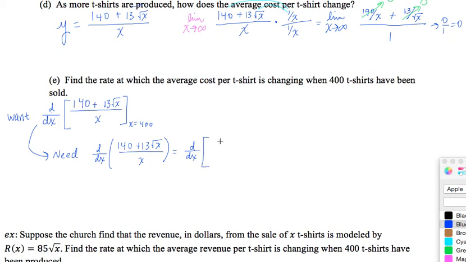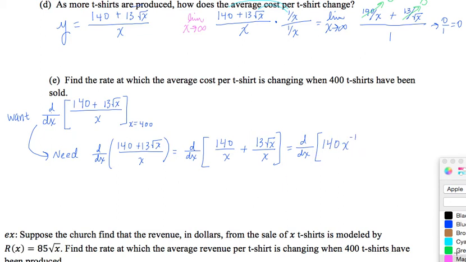I'm going to split this into 140 over x plus 13 root x over x. I have not yet differentiated, I'm just rewriting it. 140 over x, I'm going to write as 140 x to the minus 1.